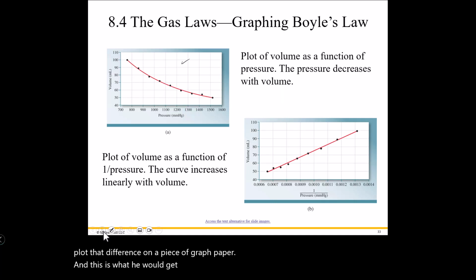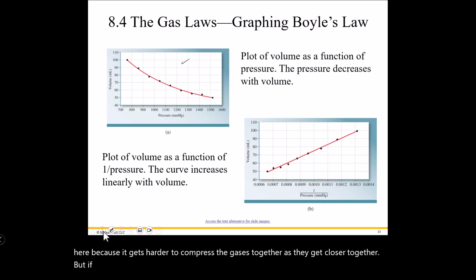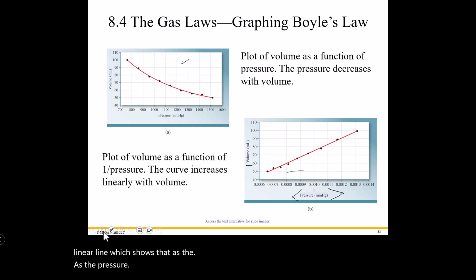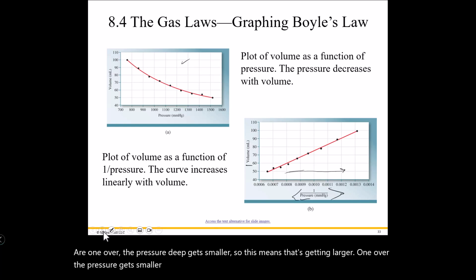All right, and notice it isn't a linear relationship. It's bowed here because it gets harder to compress the gases together as they get closer together. But if you plot volume versus 1 over pressure instead of just pressure, you get a nice linear line, which shows that as the pressure decreases, or 1 over the pressure gets larger, the volume goes up.